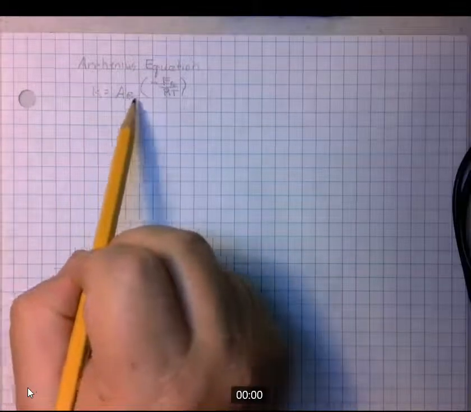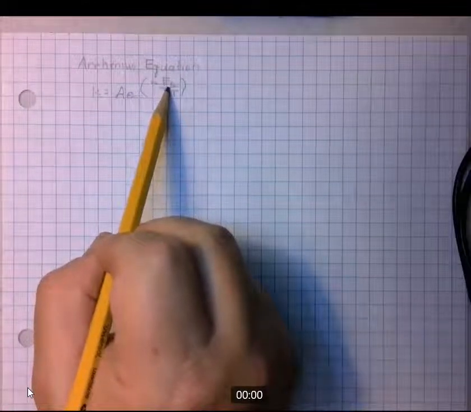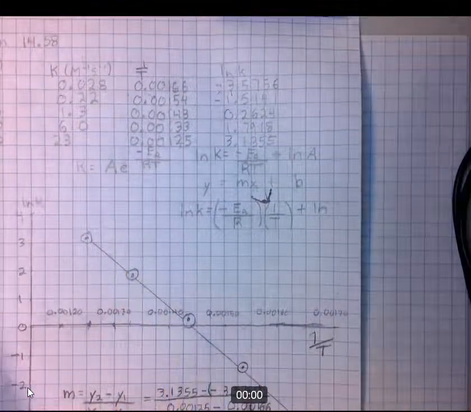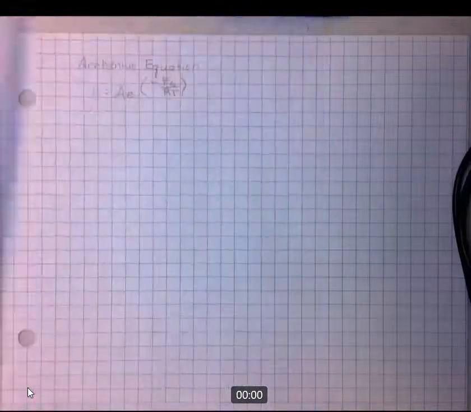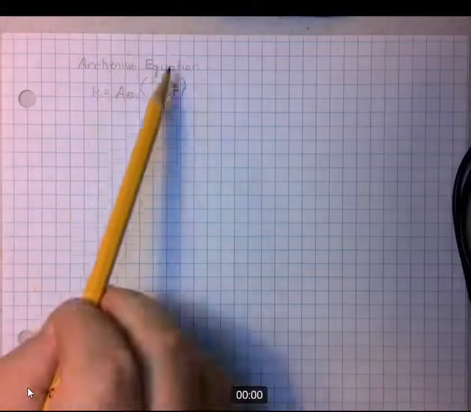We know EA, we just figured it out, and that stays the same for the entire problem because it is the slope of this straight line, and that has the same slope all the way up and down. So anywhere we are on this line, it's going to have the same number, which is 136,000 joules, or 136 kilojoules. So that's what EA is going to equal.